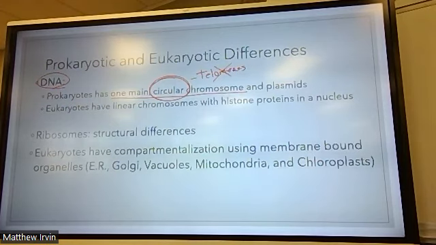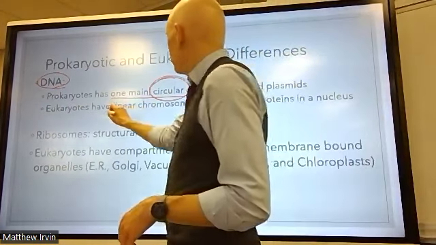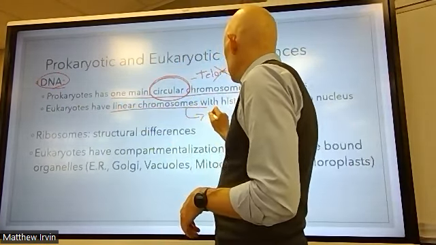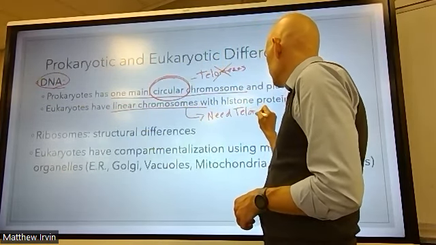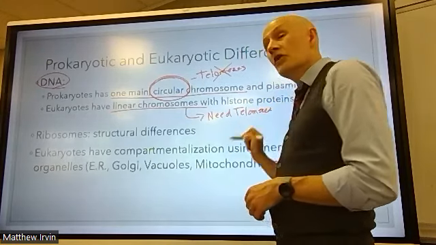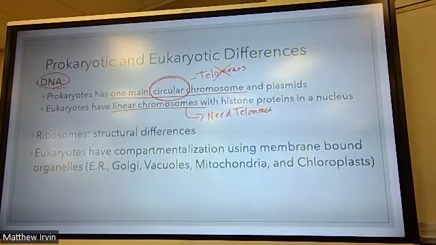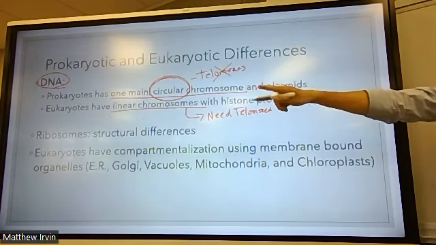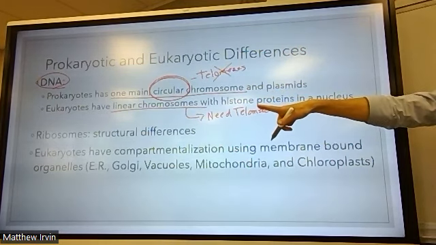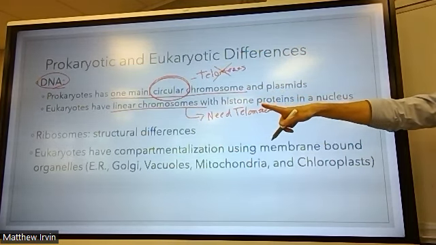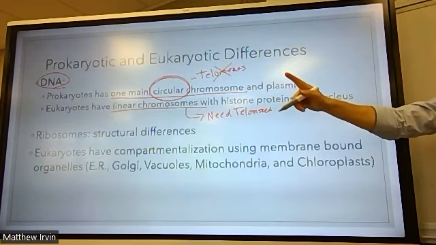And why do our eukaryotes that have linear chromosomes need telomeres? Maybe a better question is, what is a telomere? It's all the nonsense DNA at the end of the chromosomes. And why do we need those on our chromosomes? Because replication doesn't match perfectly.